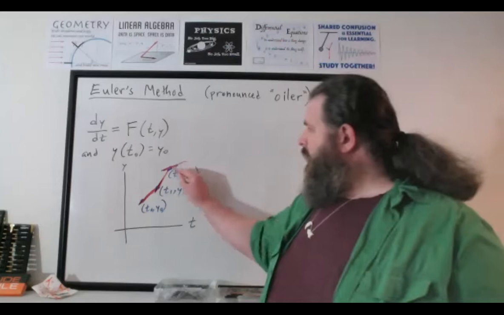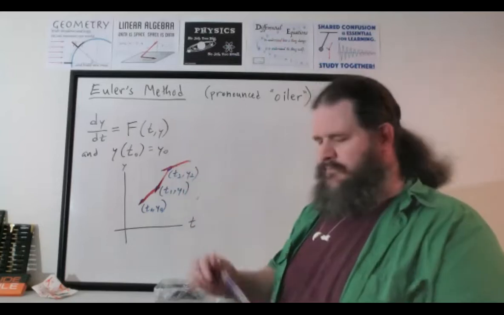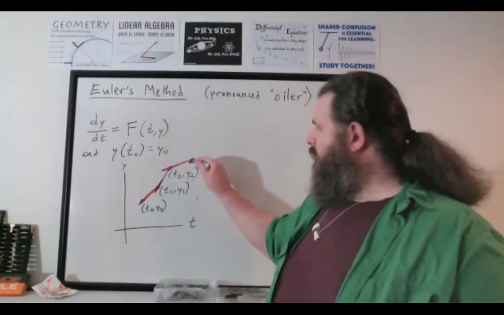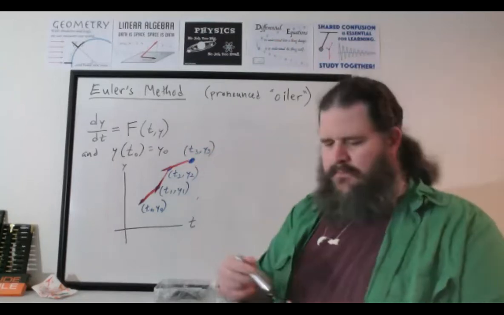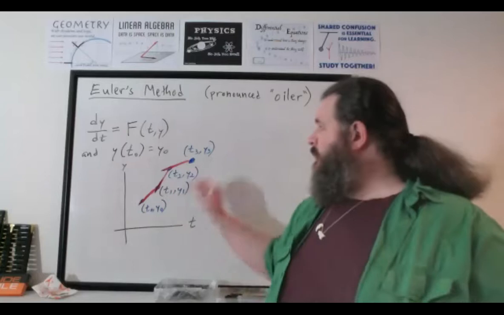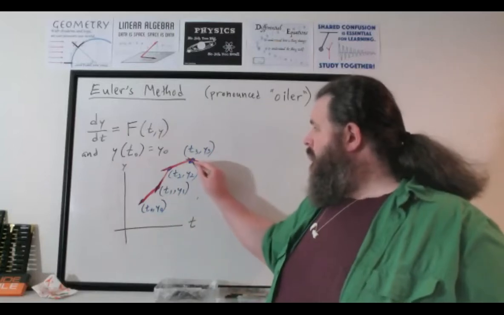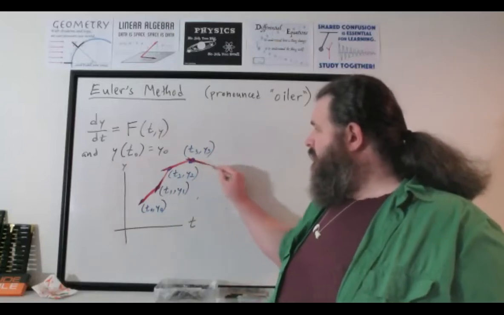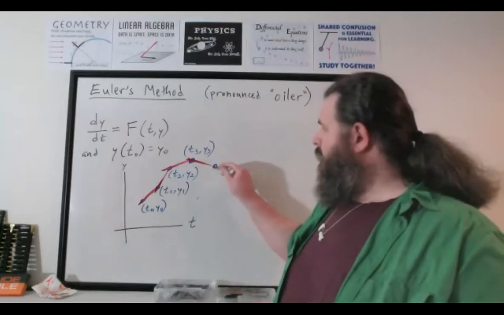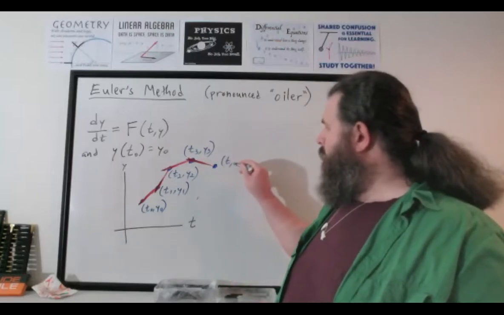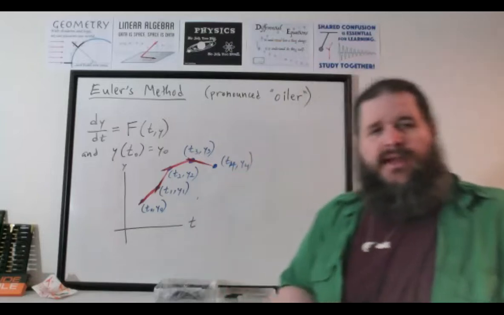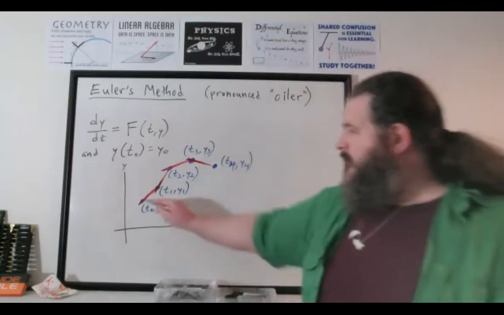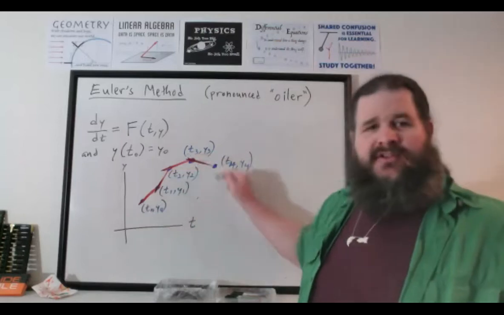We follow that line some distance, get to a new location, which we'll call t3, y3. Plug those into the original differential equation, recalculate the slope, and follow that for a short distance to get a new location, t4, y4, and so on. So the idea is we're going through this sequence of tiny linear approximations.